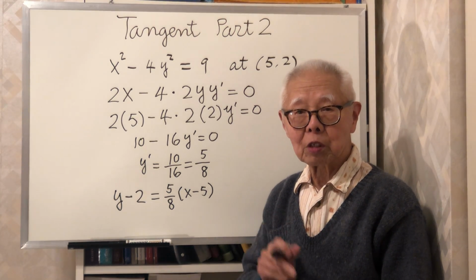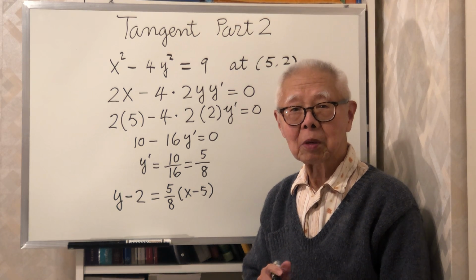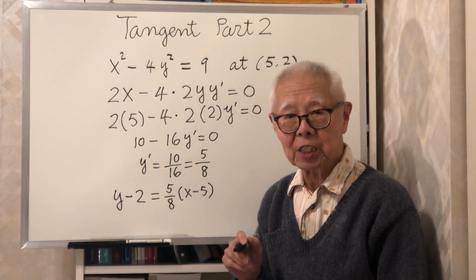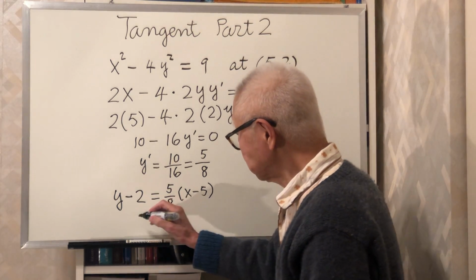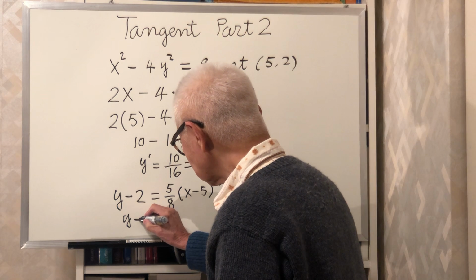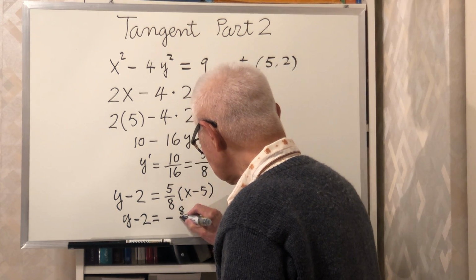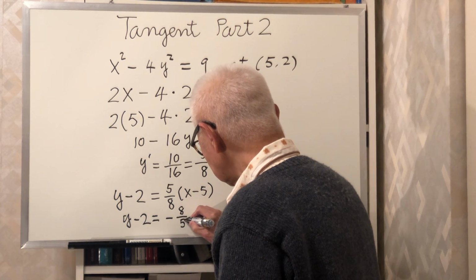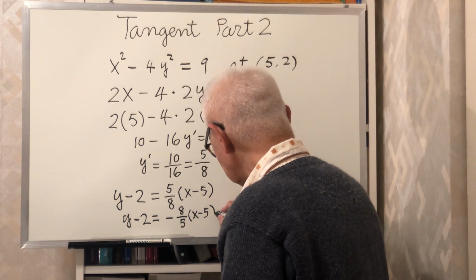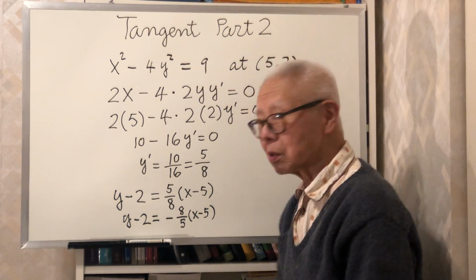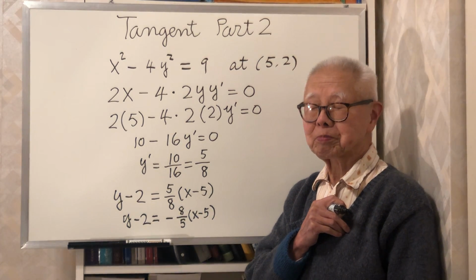And the equation of the normal is very similar, point slope form, but the slope is the negative reciprocal of the slope of the tangent. Therefore, the normal is as follows. So the last equation is the equation of the normal.